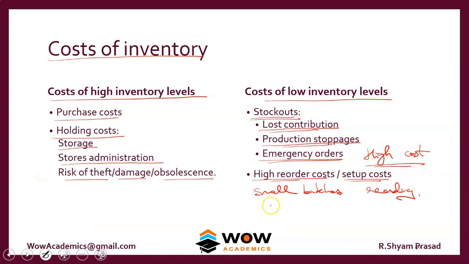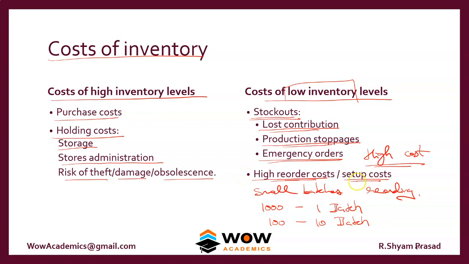For example, if the company wants to buy 1000 units of raw material and buys it in one batch, it is very cheap in terms of reordering cost. But if we hold low levels of inventory, it means we are going to buy just 100 units of raw material. That means we have to order it 10 times. Because of this, the ordering cost becomes very high. So that is the cost of inventory.